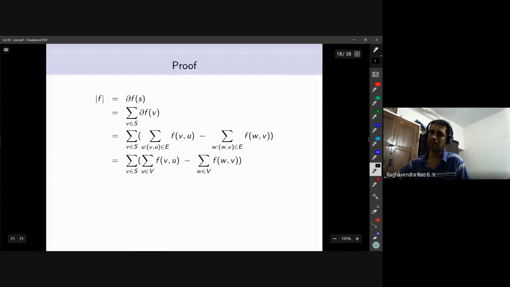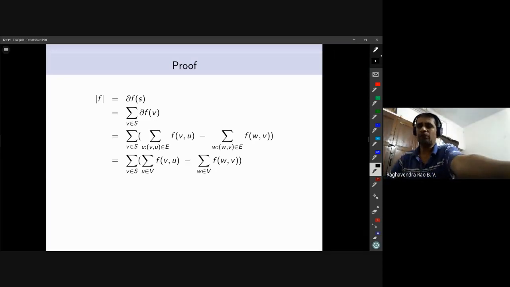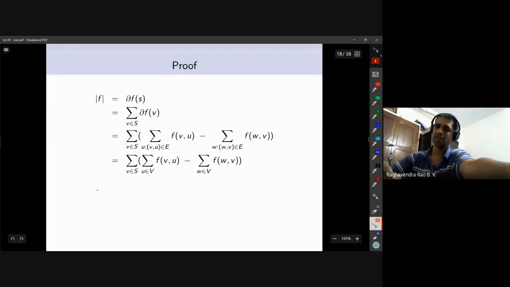Now let's rearrange it a bit further. I didn't do anything so far. What I did was a slight manipulation here. If uv is not an edge or vu is not an edge in the graph, I assume that the flow assignment is 0. So then I can write it this way. Here the summation was over when there was an edge.